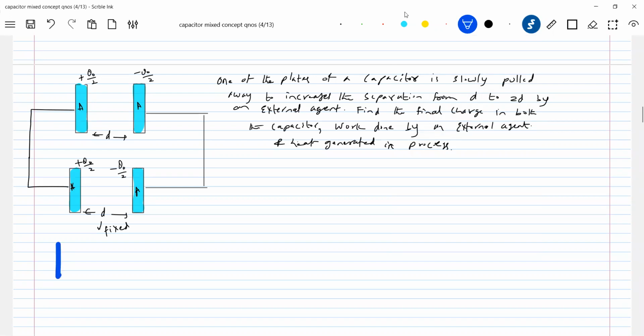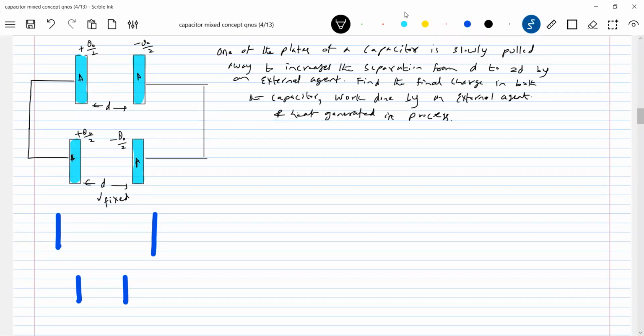Let's begin like this. So this will remain as it is, D. The other plate separation will remain the same, equal to D. This separation I'm going to increase. Let me call it X, where X I'm going to vary from D to 2D in the limits.